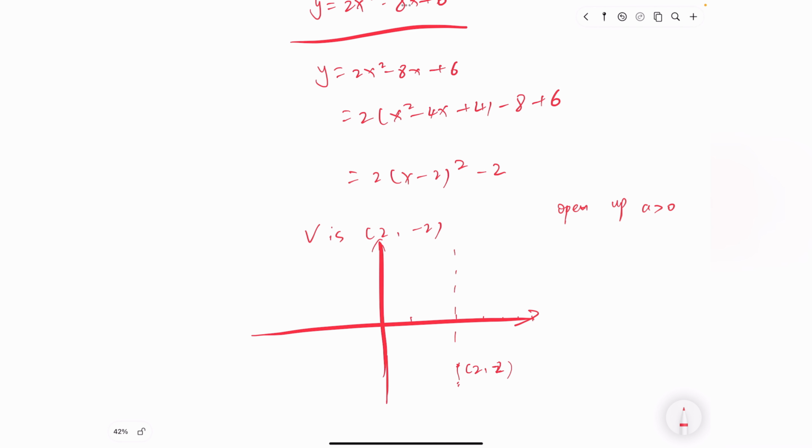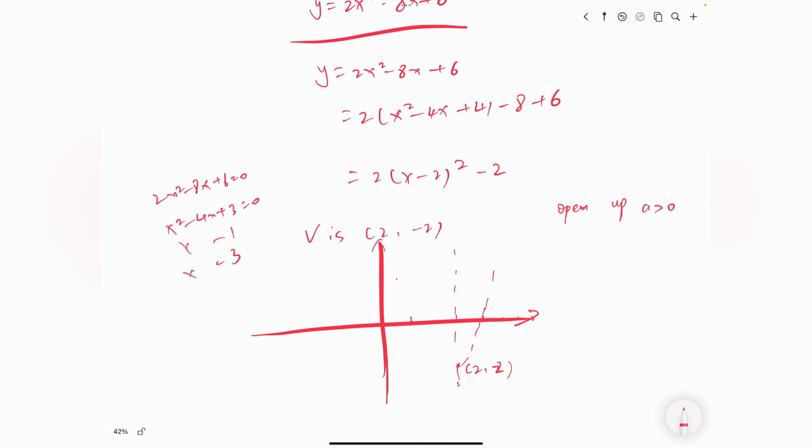So when y equals 0, 2x squared minus 8x plus 6 equals 0. x squared minus 4x plus 3 equals 0. 1, 3. So it's 1 and 3. So when x equals 3, it equals 0. When x equals 1, it's 0 again.